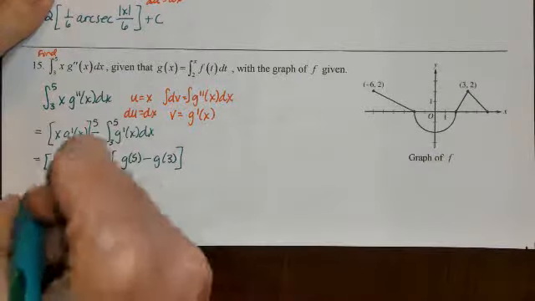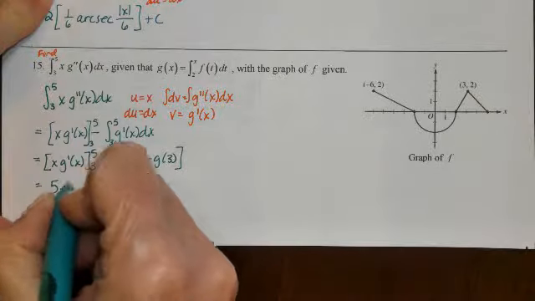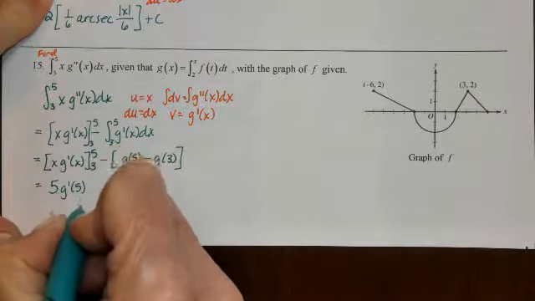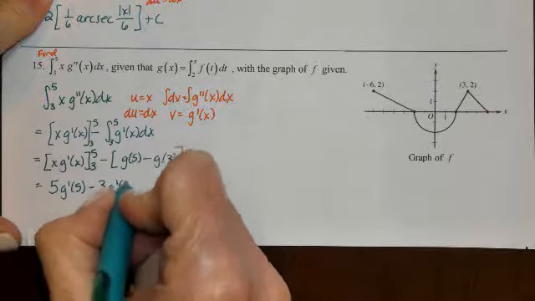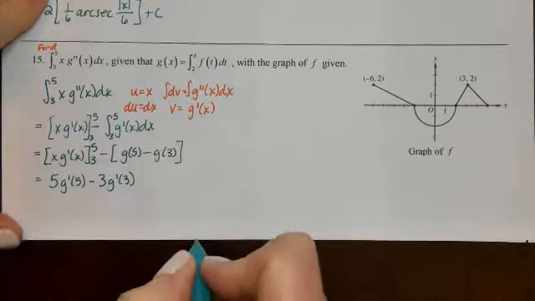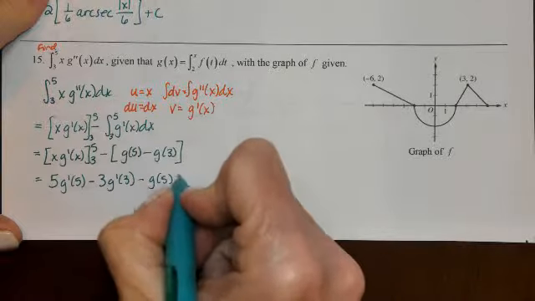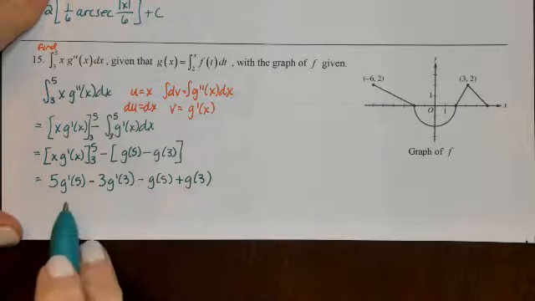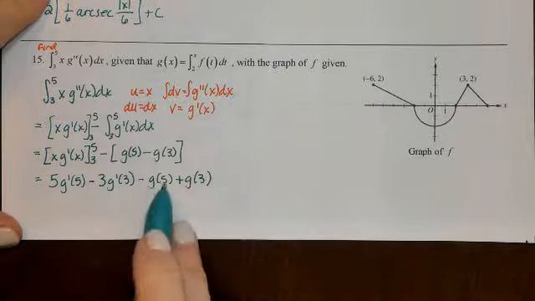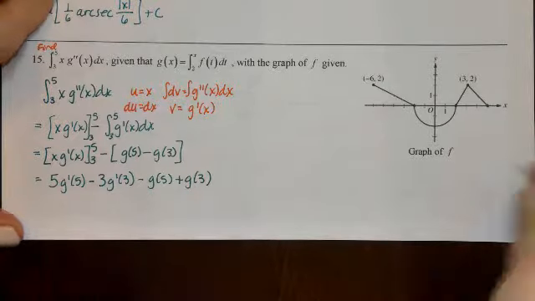So this will be 5 g prime of 5 minus 3 g prime of 3, right? And this will be minus g of 5 plus g of 3. So I need g prime of 5, g prime of 3, g of 5, g of 3. I need all of those. Okay? So let's come off to the side and find those.